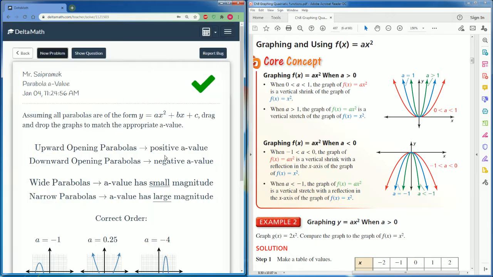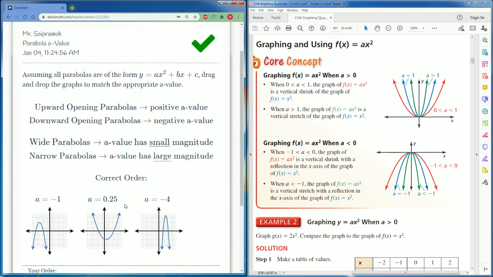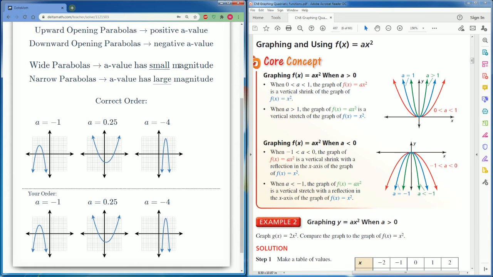Okay, based on the notes. Good. The way you want to look at this is if you see the word magnitude, that means just ignore the negative. Just look at its absolute value.